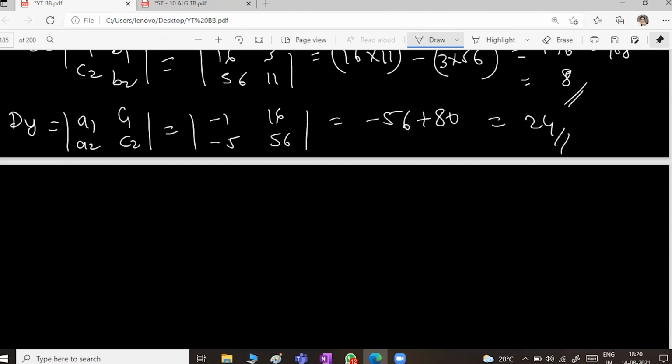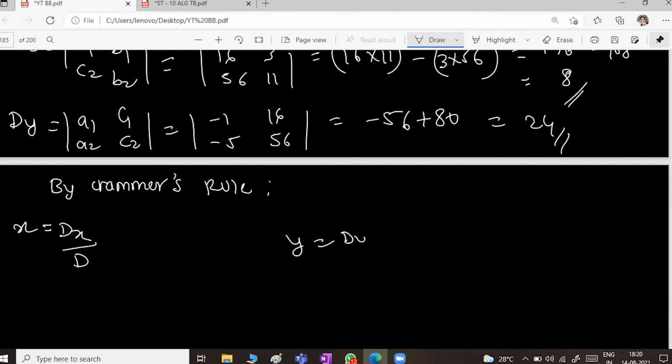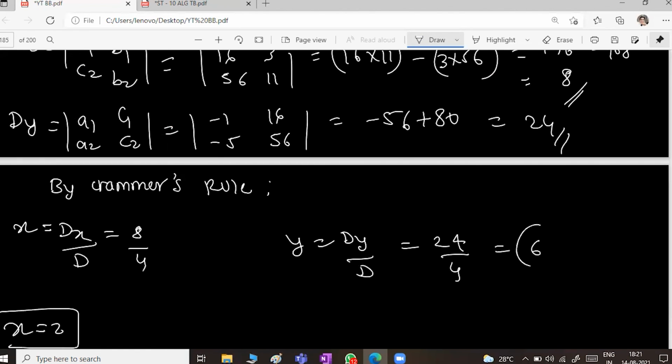So now by Cramer's rule, x is equal to dx upon d, y is equal to dy upon d. Here I am going to get 8 upon 4, x is equal to 2. ठीक है, y is equal to dy upon d, which is equal to 24 upon 4, which is equal to 6. So y is equal to 6.